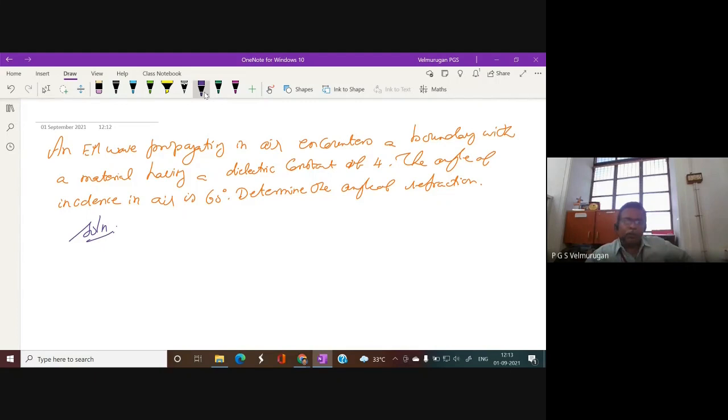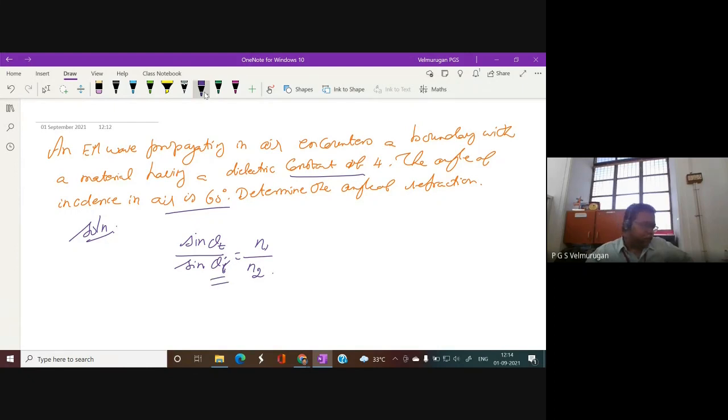What do you know about Snell's law? It is sine theta t divided by sine theta i, which is equal to n1 by n2. You are given a dielectric constant of 4 and the angle of incidence is 60 degrees, so theta i is provided.